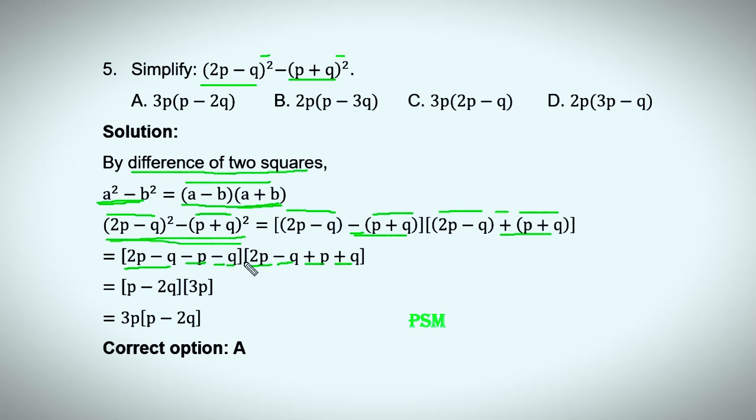You add like terms respectively. You have p minus 2q. From here, minus q plus q is 0. So we have 2p plus p, that is 3p. The answer can also be written as 3p bracket open p minus 2q. That is option A.